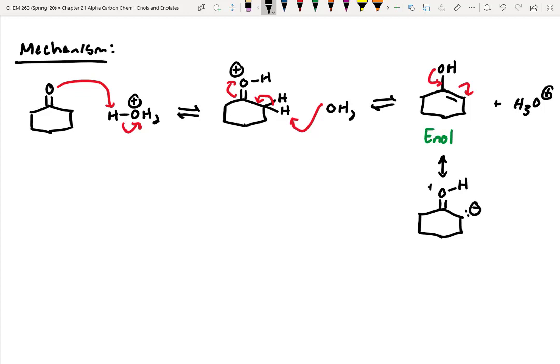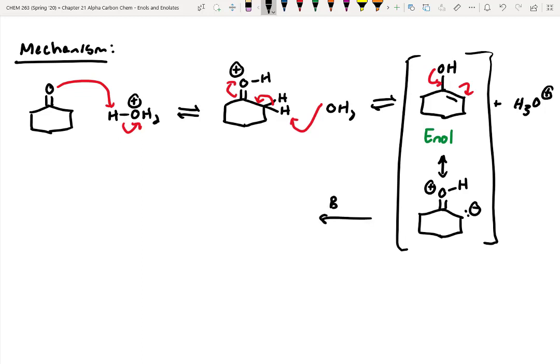This would be the second resonance form for our enol, which means in our next step, if we have elemental bromine around, the bromine can act as an electrophile, and then this carbon over here can act as a nucleophile. And this nucleophile, all it needs to do is attack this bromine and kick off bromide as a leaving group.